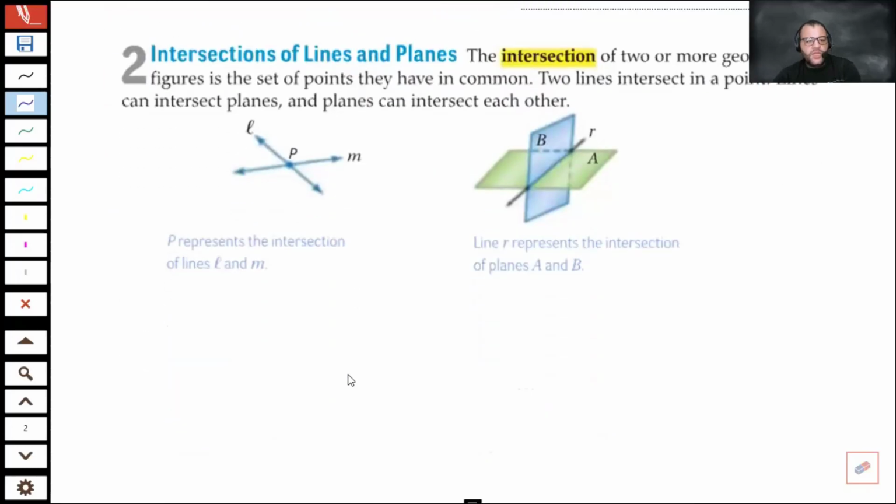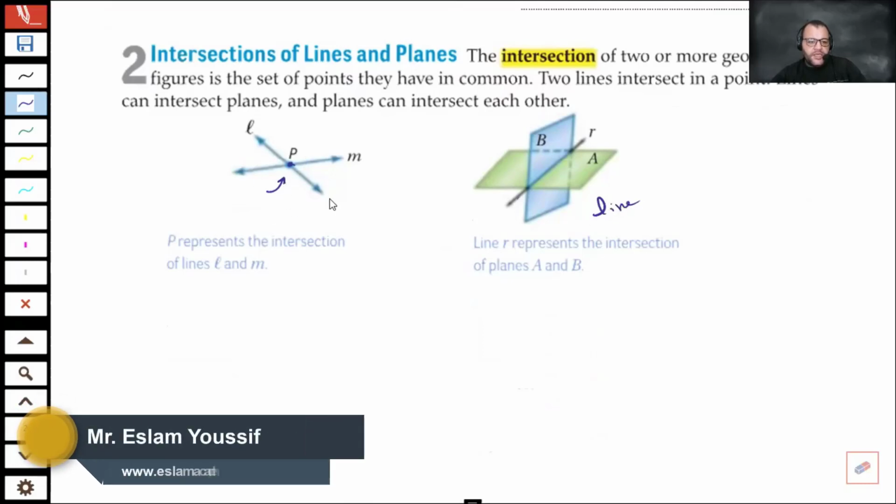If two lines intersect, they will intersect at only one point. So the intersection of any two lines will be a point. If two planes intersect, what you will find from the intersection is a line. The intersection of two planes is a line. The intersection of two lines is a point.